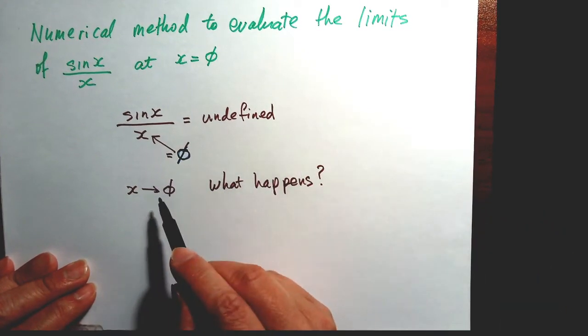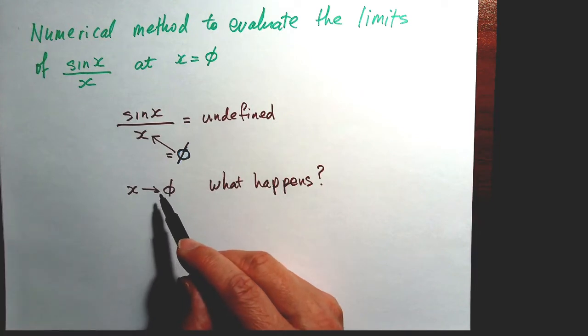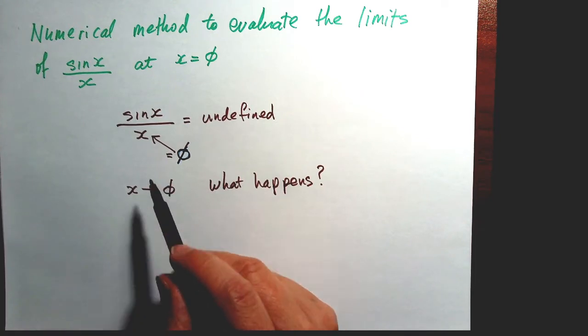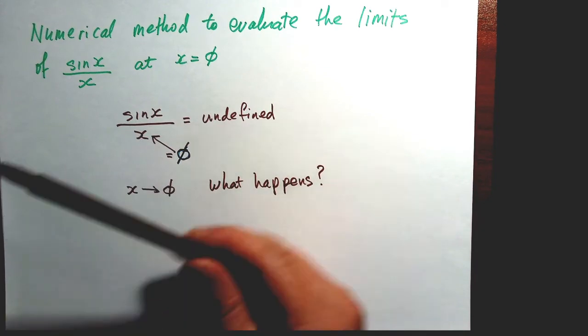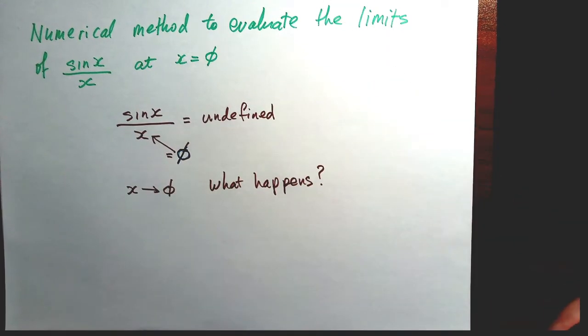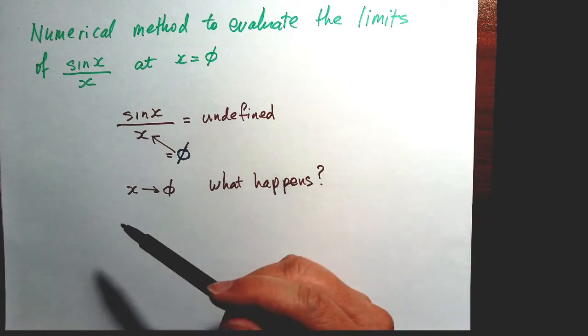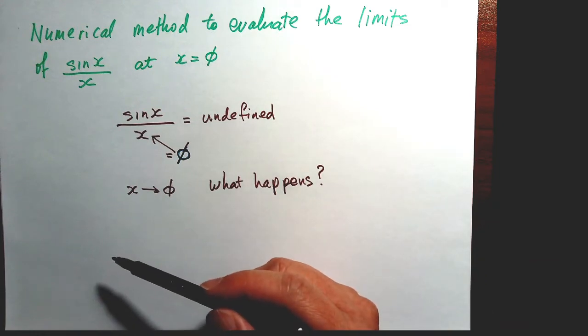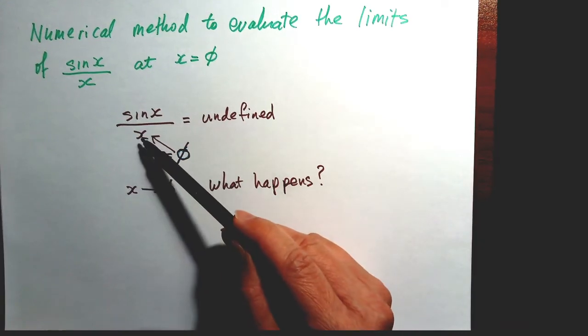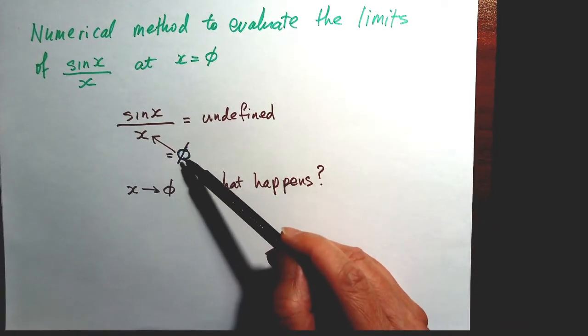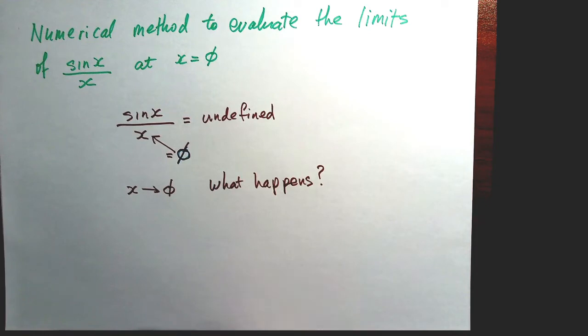But before it gets to 0, we want to see what is the behavior of sin x over x using numerical methods to find out. Basically, what I will be doing is plugging in numbers for x as x gets closer and closer to 0.